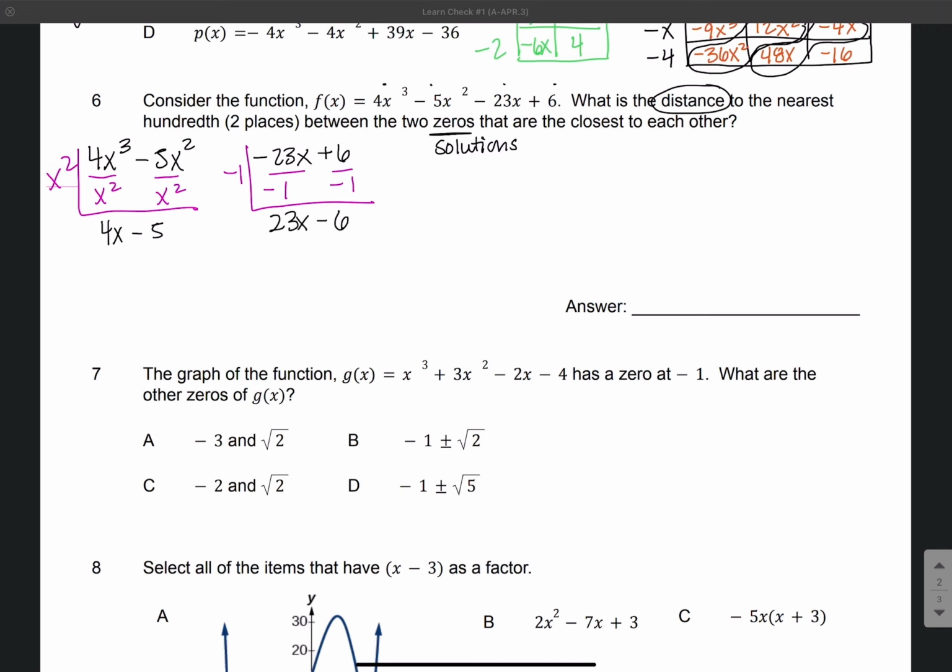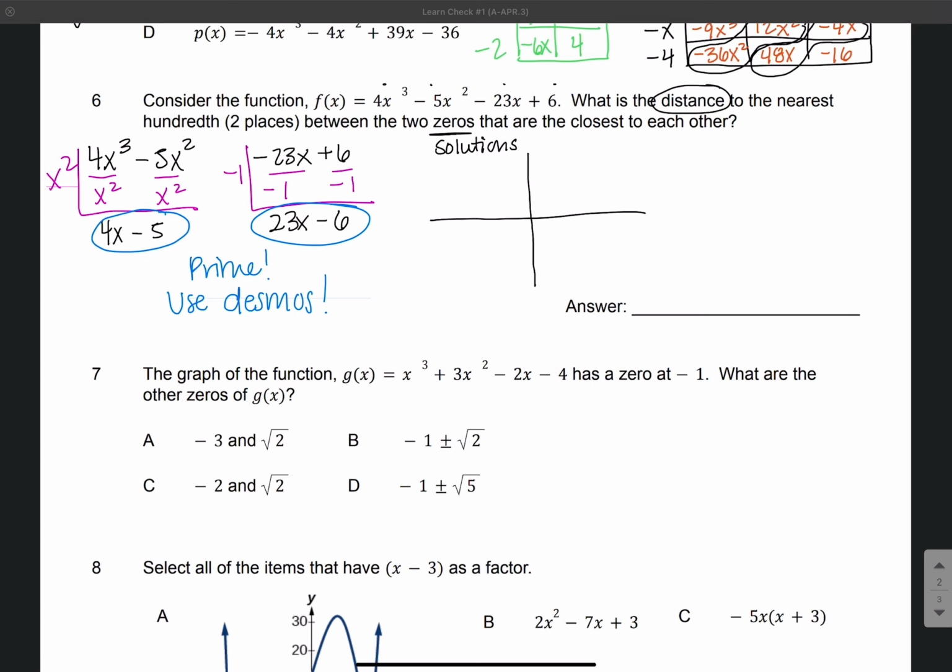But notice, they don't match. So that means this is prime, and we need to use Desmos because we need to graph this. Now, I won't be able to pull up Desmos right now in this video, but hopefully you know how to type this into Desmos.